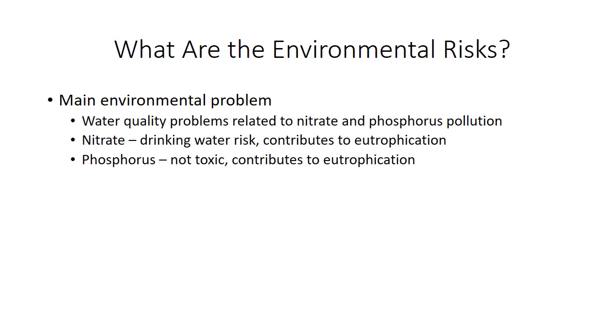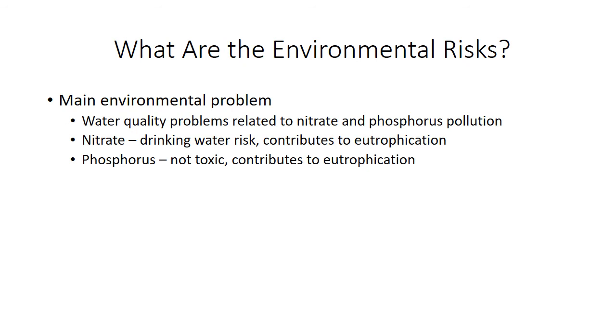There are environmental risks. So it's not a risk to the soil long term, but there are environmental risks. The biggest one is that there's water quality problems. So if you have too many nitrates that are leached out of a soil profile, or you have erosion and there's phosphorus that's bound to that sediment, then those can definitely cause environmental problems.